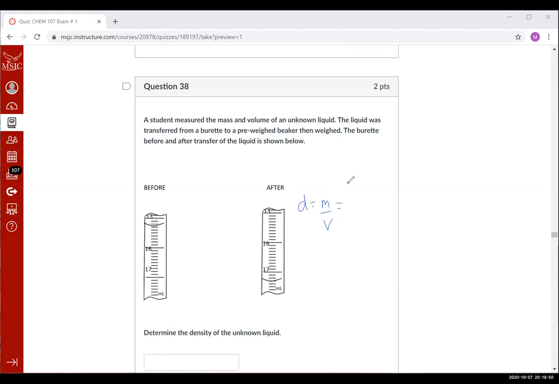So we take our mass of 1.659 grams over the volume of 2.05 milliliters, and that gives us our density of 0.809 gram per mil.